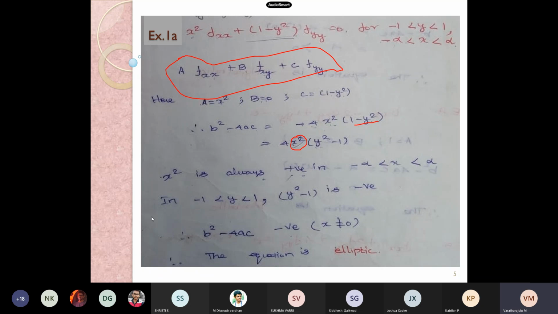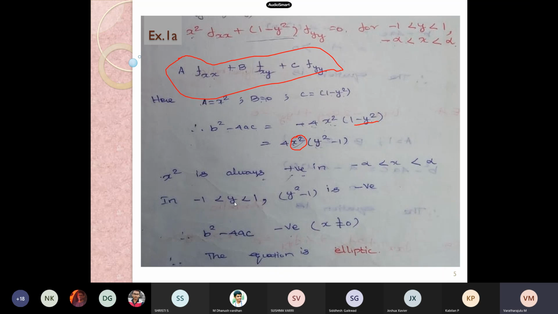When we are changing y from -1 to 1, what happens? Let y be 0. This returns minus 1. Let it be 1. What happens when we apply a positive value? 1 minus 1 becomes 0. When it is minus 1, minus 1 square also becomes 1.